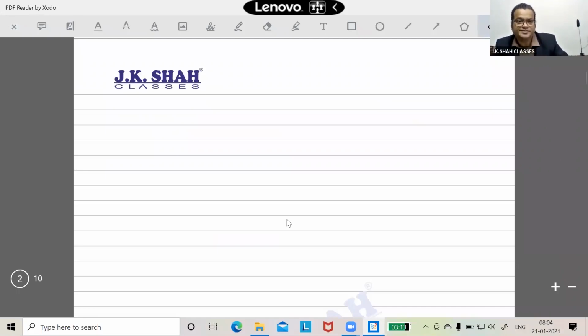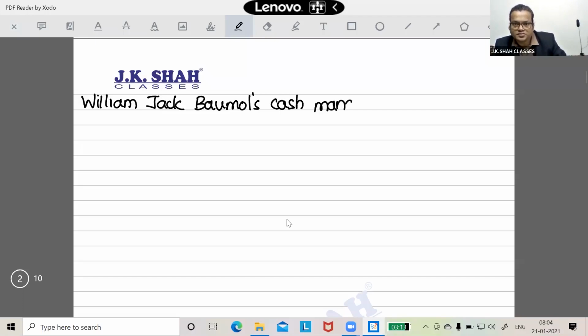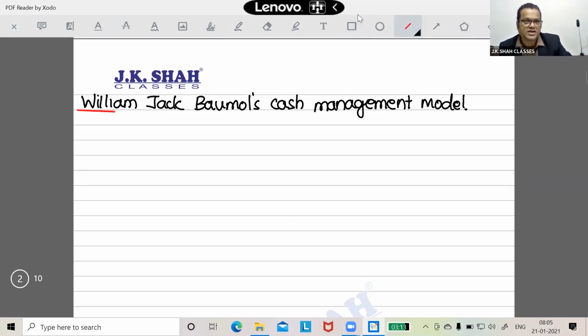What we have to discuss today is starting with William Jack Baumol's cash management model. Okay, this is our today's agenda, right? First we have to talk about this. What precisely is this William Jack Baumol's cash management model?